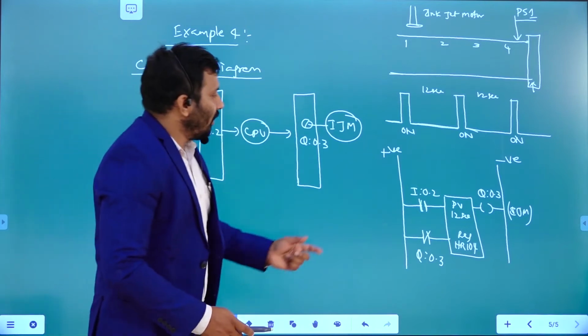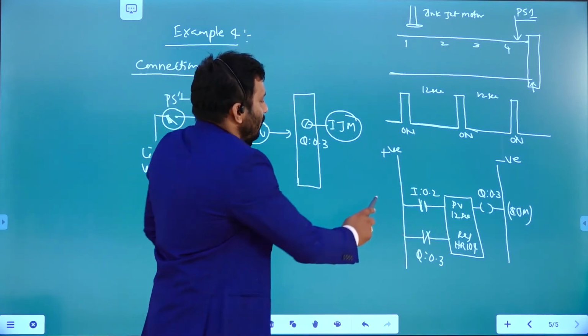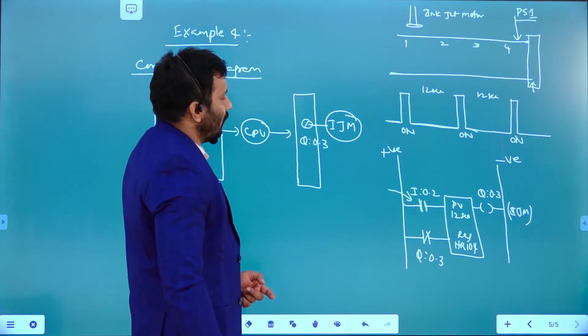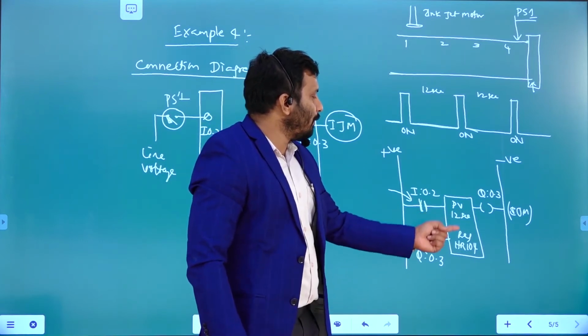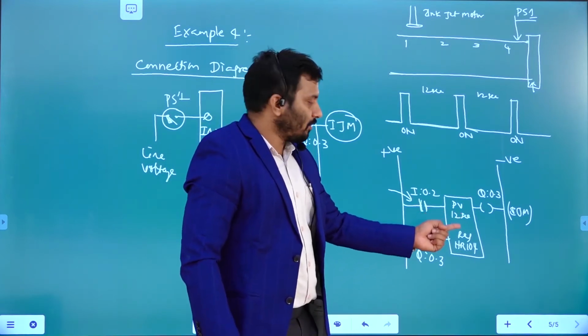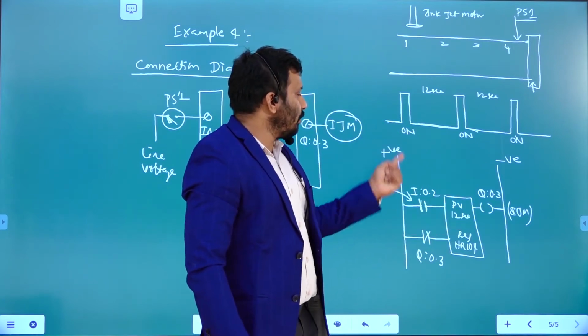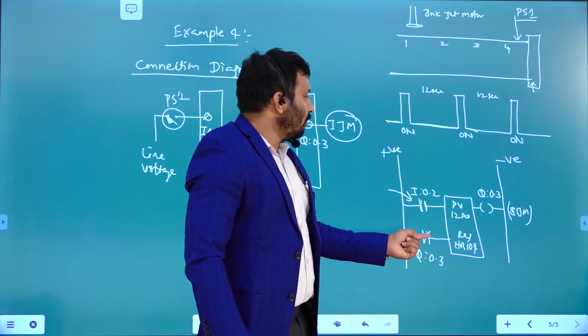Whenever input is there, it's reset only. Whenever cloth is there, it's active, it is 1, then what will happen? It keeps on incrementing the value. Up to that time it's low only. After 12 seconds, what will happen?